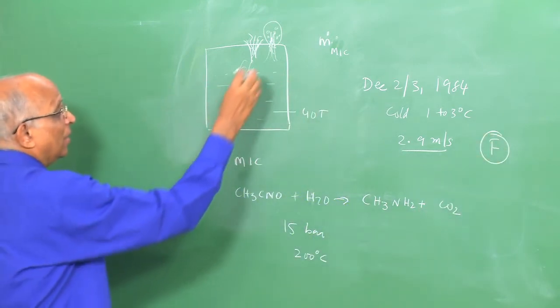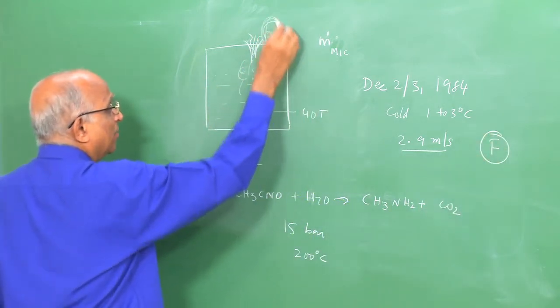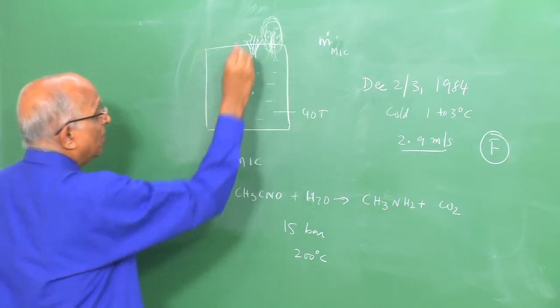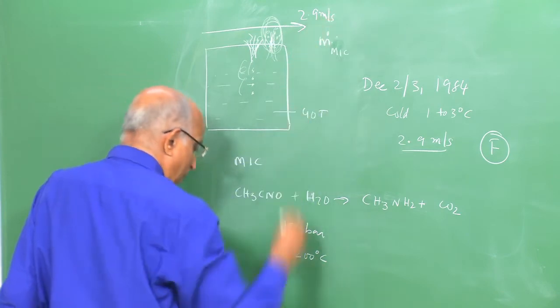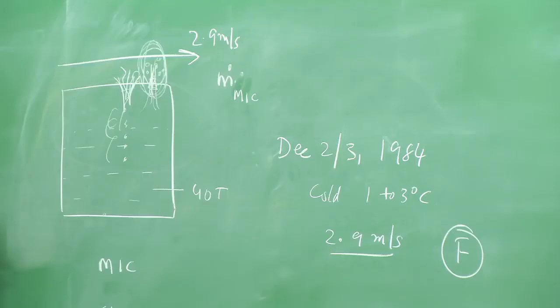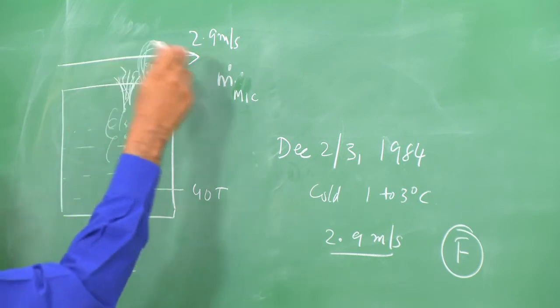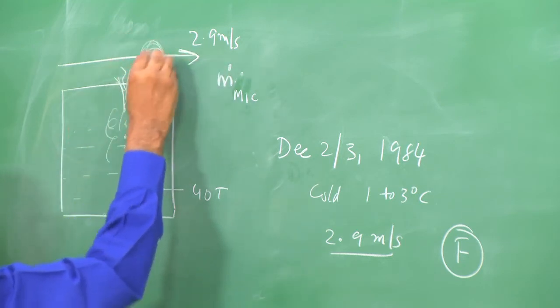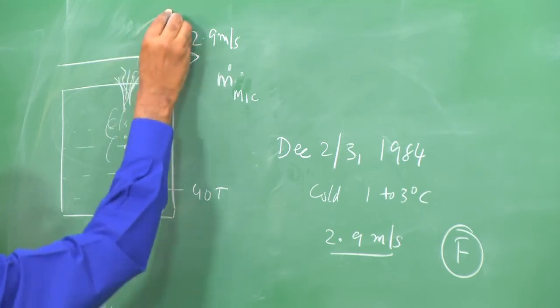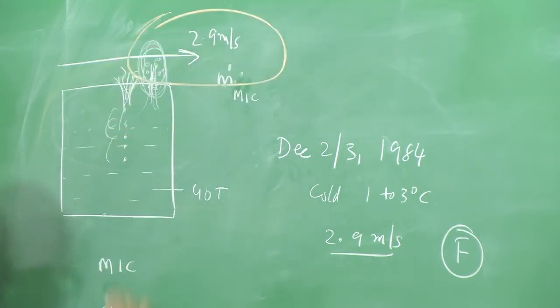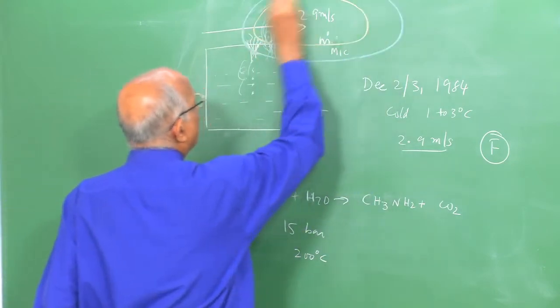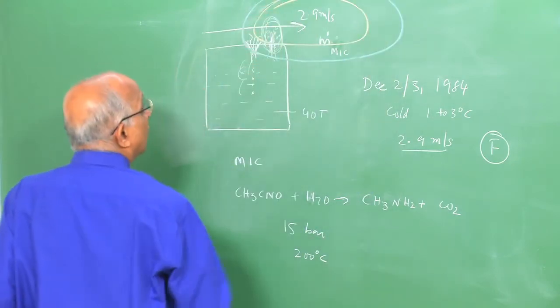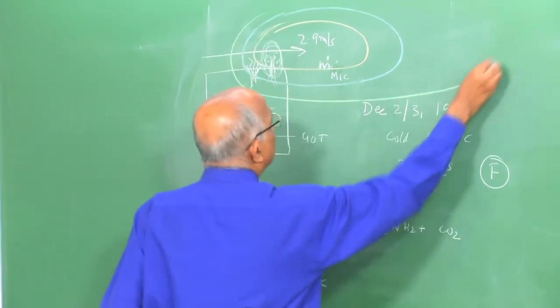And therefore, you have the leak taking place over here, methyl isocyanide. You have the wind velocity of 2.9 meters per second. And what it does is, just like in the Port Hudson case, wherein you have the propane vapor, here you have the methyl isocyanate vapor. It drags it along in the wind direction, maybe with respect to time, even further, and still further.